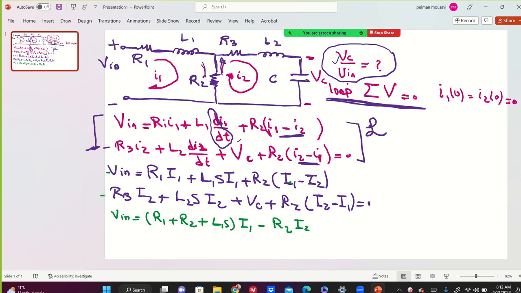Now this time here I factor out I2, so you have (R3 plus R2 plus L2 S) I2 minus R2 I1 plus Vc equals 0.